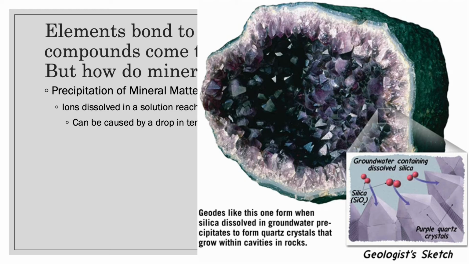So geodes like this one that you can see in this diagram form when silica, which is a compound, is dissolved in groundwater, and that silica precipitates to form quartz crystals, and quartz is a mineral, and these can grow within cavities in the rocks. So this particular type of quartz is called amethyst, and many of you may have seen this in a rock collector's collection, for example.